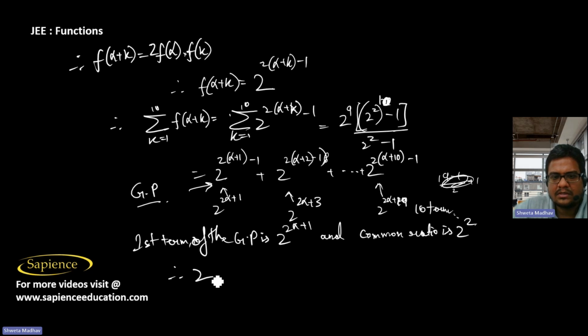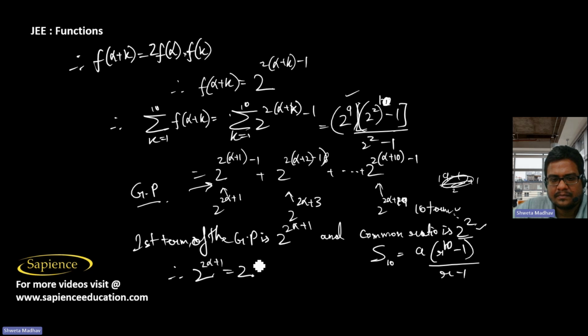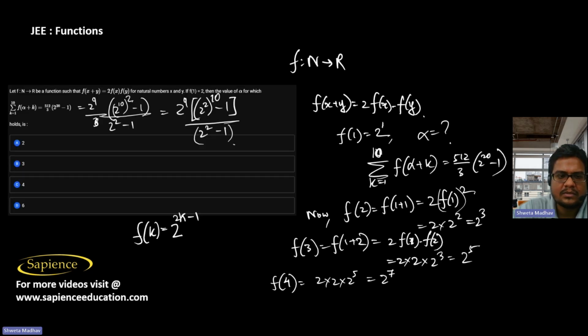There are 10 terms, and the sum of 10 terms will be a into r power 10 minus 1 by r minus 1. So r is 2 power 2, and the first term is 2 power 2 alpha plus 1, which is the same as 2 power 9. So therefore 2 alpha plus 1 is equal to 9. So 2 alpha is equal to 8. So alpha is equal to 4. So option C is the correct answer.